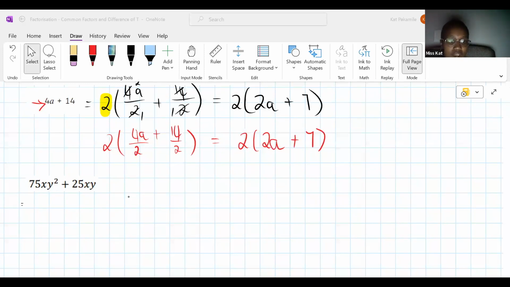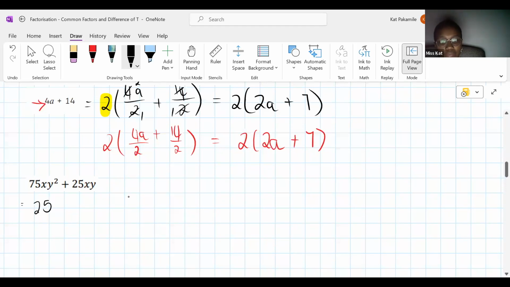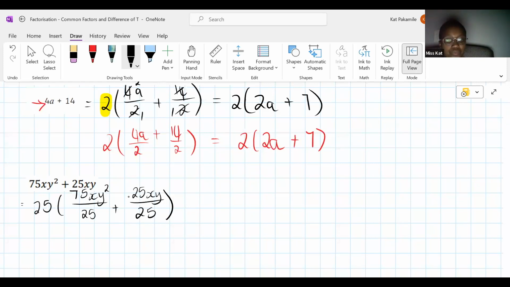So it's going to be 25, brackets, 75 over 25. Don't forget your variables, xy squared over 25, plus 25xy over 25, which will equal 25, brackets, 3xy squared plus xy.